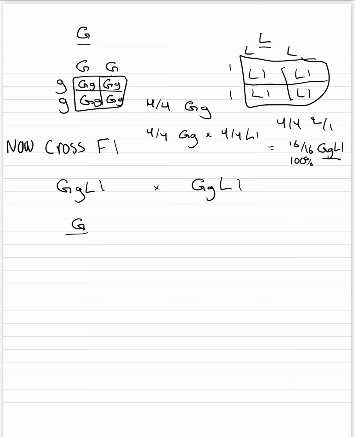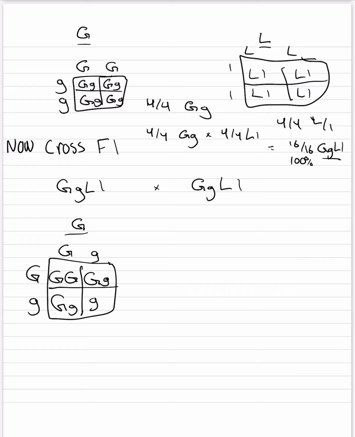For gene G, we have a big G and a little g, a big G and a little g. We get a quarter of them having the genotype big G, big G, 2/4 of them, or 1/2 of them, having big G, little g, and 1/4 of them having little g, little g.